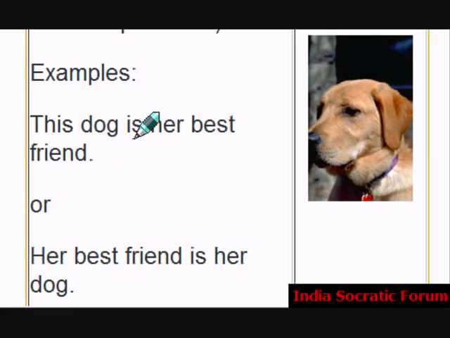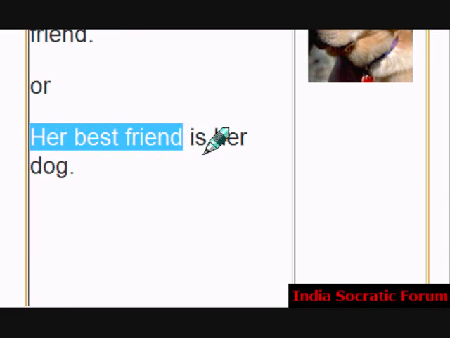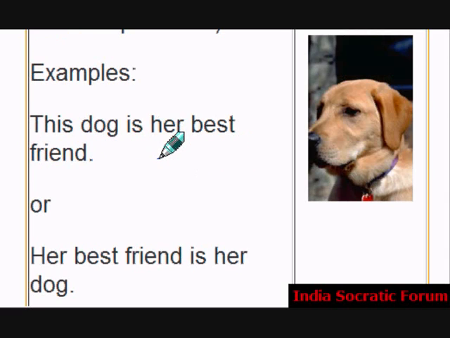You are using the possessive form her. This dog is her best friend. Even though best is superlative form, the possessive form replaces the article the. Or her best friend is her dog.